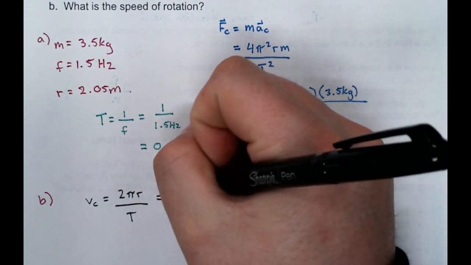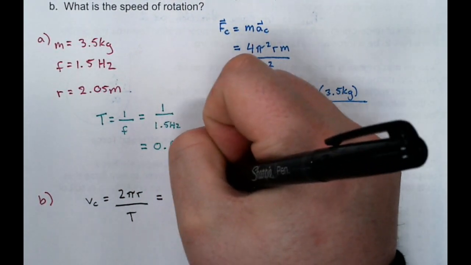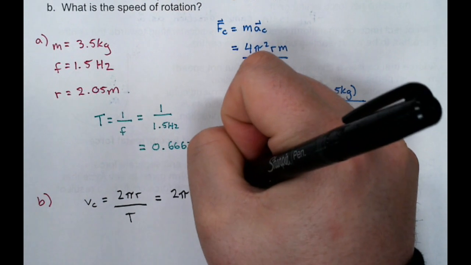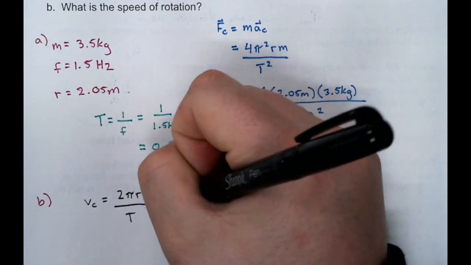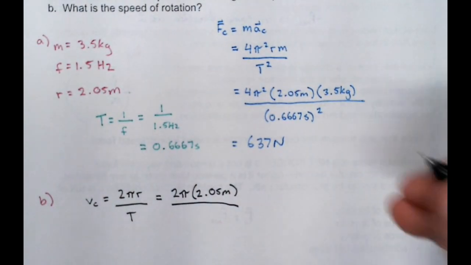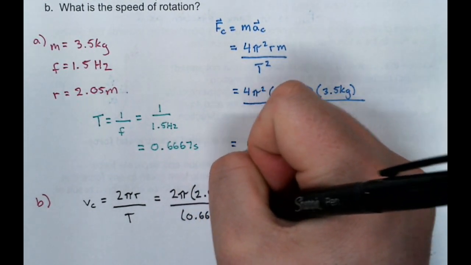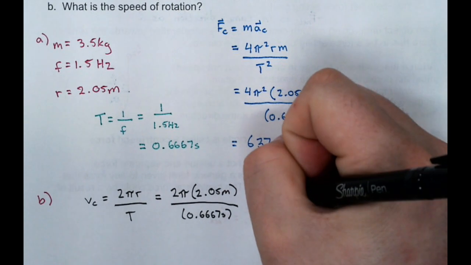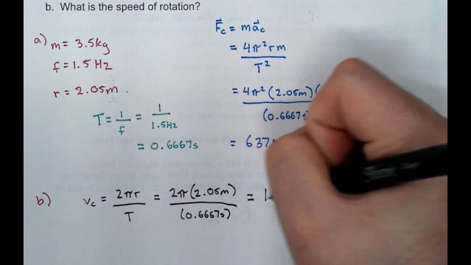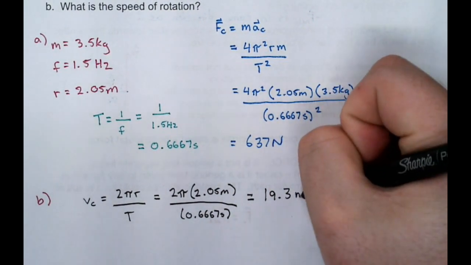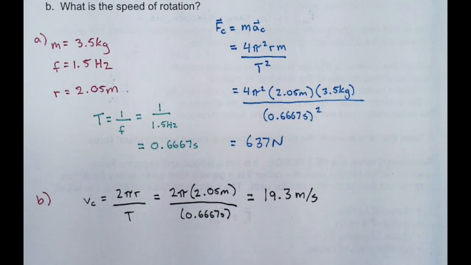So our velocity is going to be 2 pi times 2.05 meters divided by our period, 0.6667 seconds, and that's going to give us an answer of 19.3 meters per second.